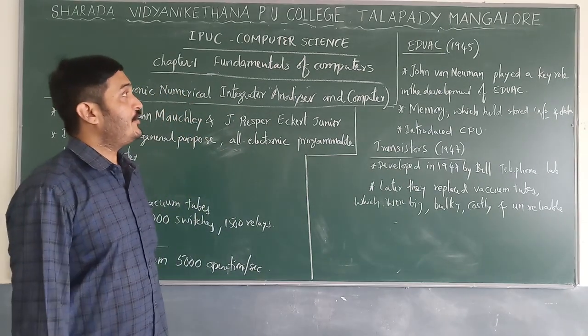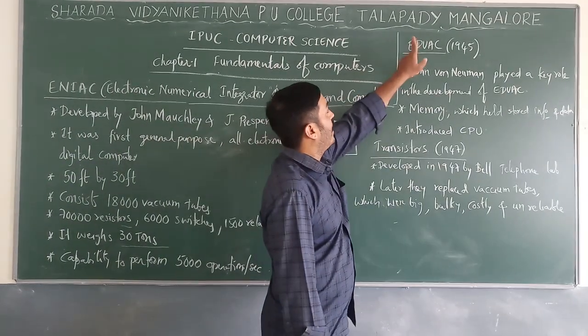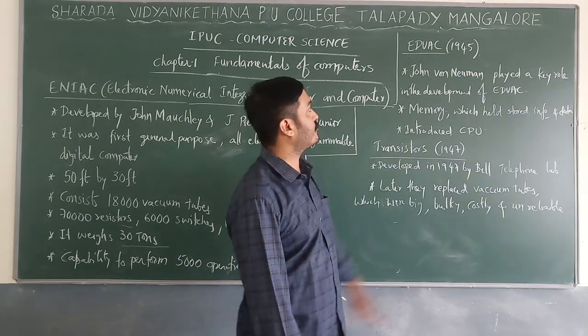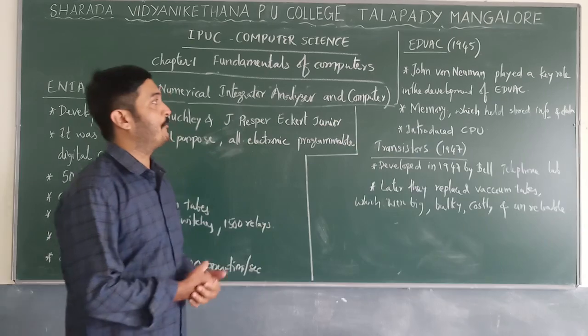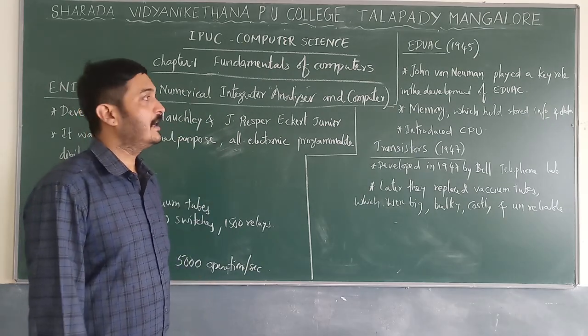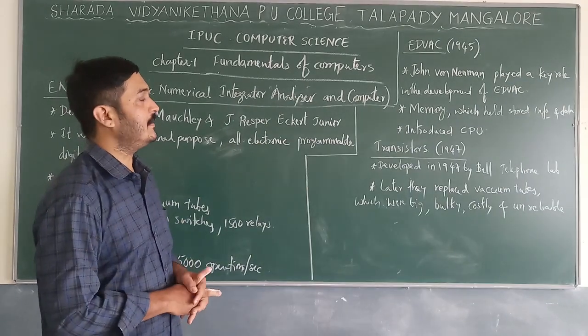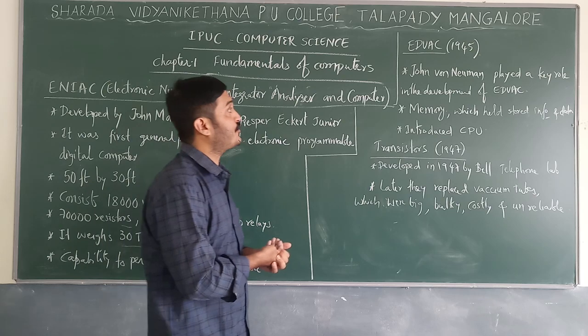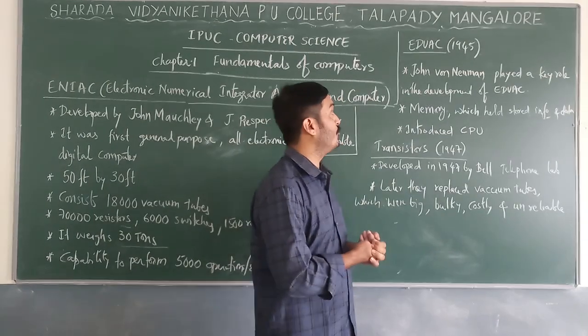EDVAC. Here EDVAC means Electronic Discrete Variable Automatic Computer, during 1945, and it was created under the inspiration of John von Neumann.